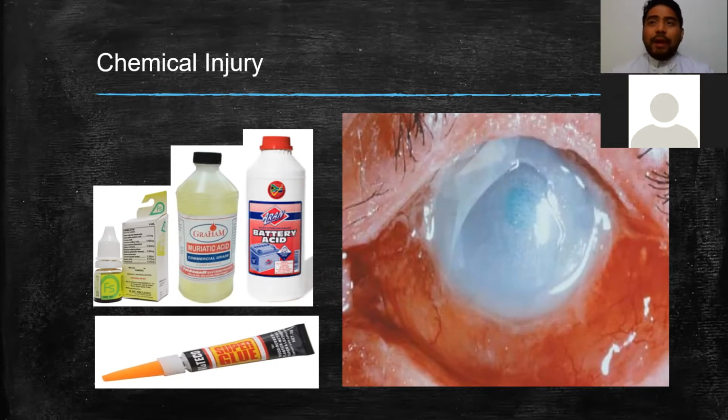Chemical injuries vary depending on the type of chemical and the amount that gets into the eye. So if a lot gets into the eye, the damage is worse, or if only a little, then less. It depends on the type of chemical that enters the eye.